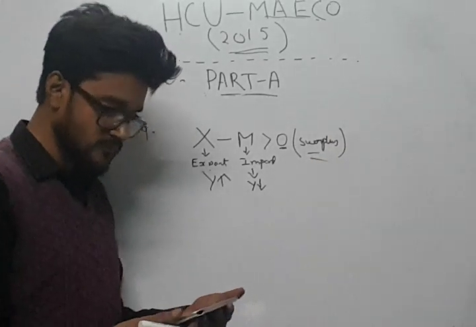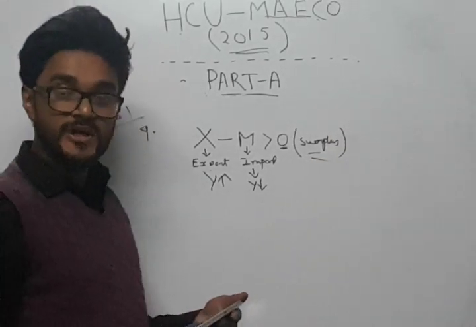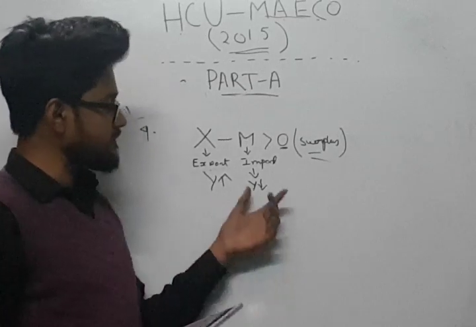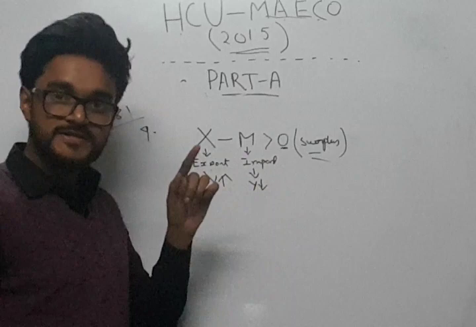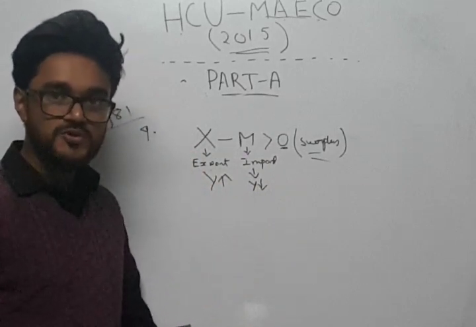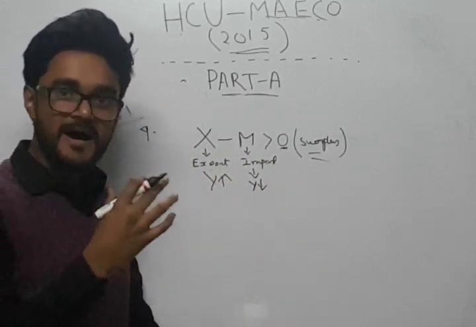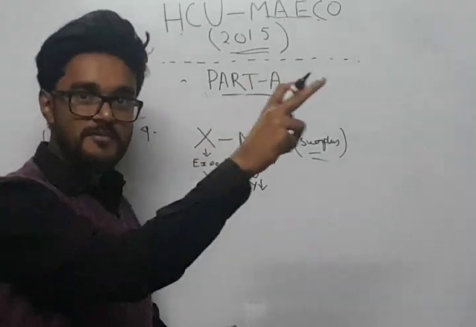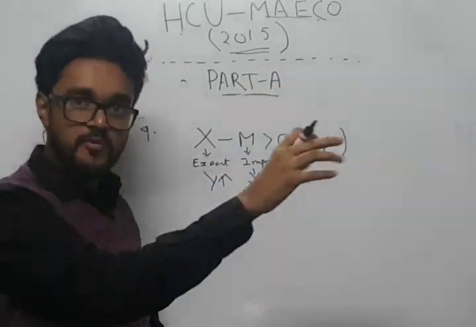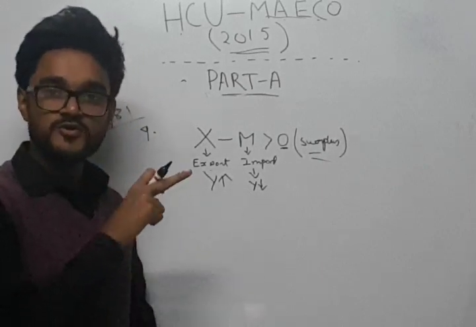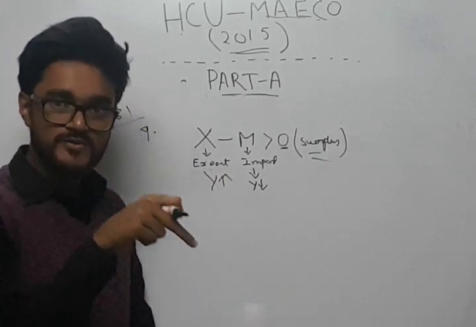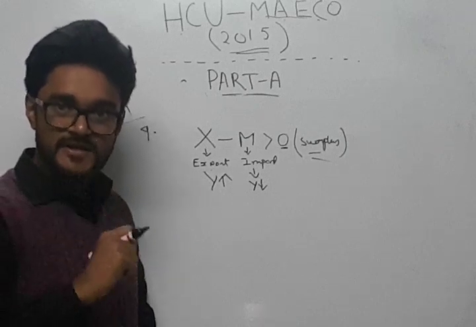Now, what is trade barrier? Trade barrier is when the government decides to boost its domestic industries. Suppose the consumers are buying goods and services from the international market, that is, they are importing. Because of this, the domestic producers in this country are facing losses.